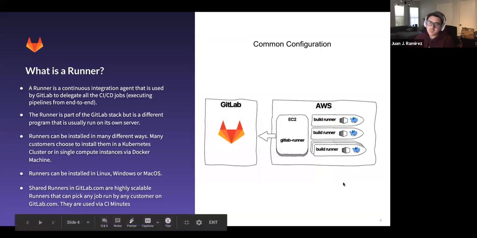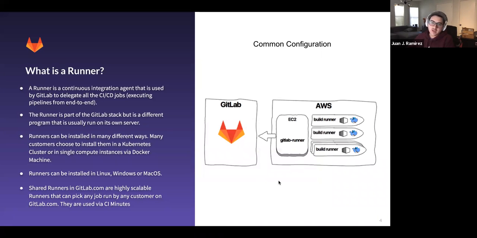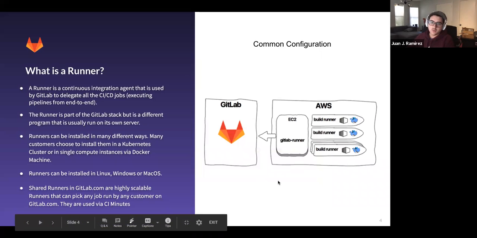And the interesting thing about the runners is that they're another part of the stack, and you can install them anywhere, right? You can install them locally, on AWS, on Google Cloud, you can use them with Kubernetes, with Docker, with Shell. There's so many things you could do, and props to the runner team because they have created such a beast.